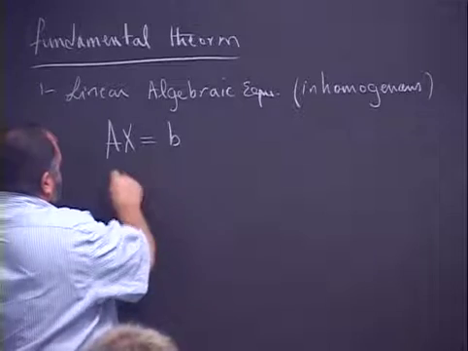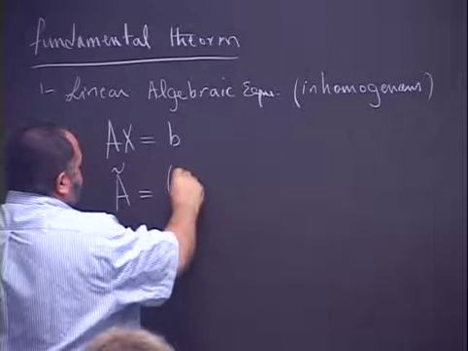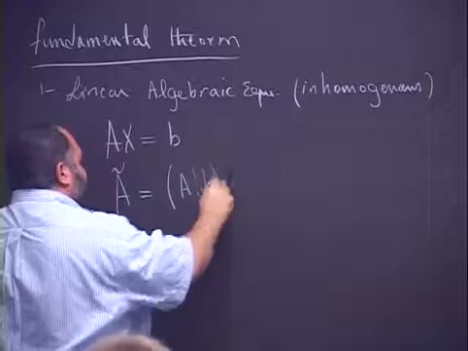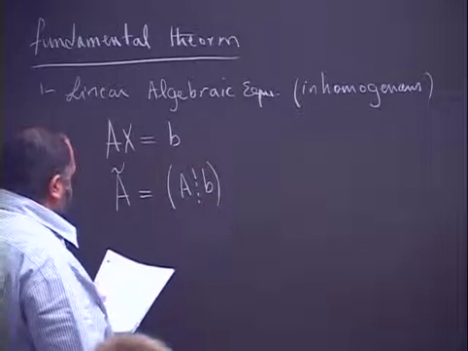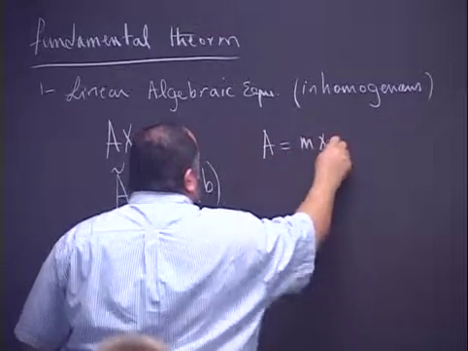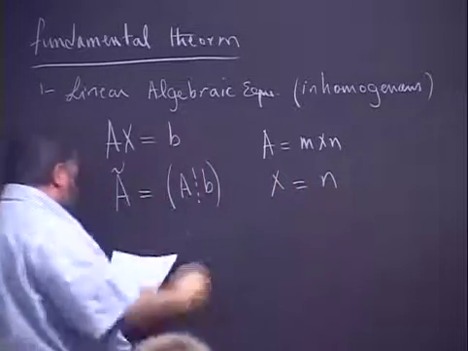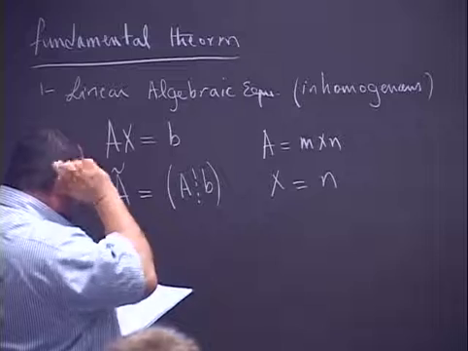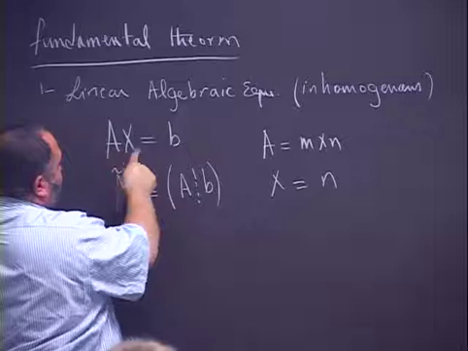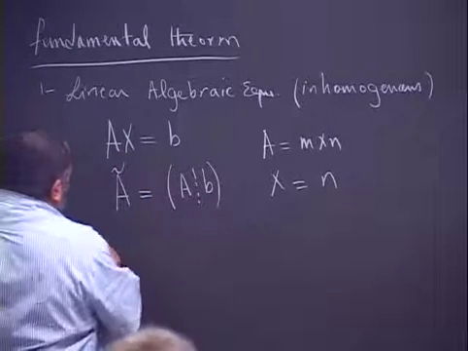And also from the Gauss elimination method we define the augmented matrix, which is just the combination of matrix A and vector B. Of course A is M by N in general and X is N. So for a system of linear algebraic equations AX equal B, there are sets of conditions.